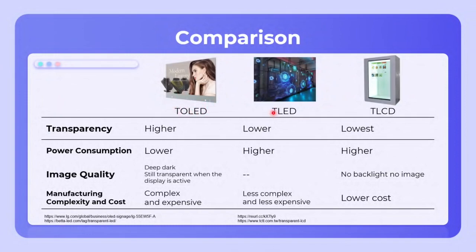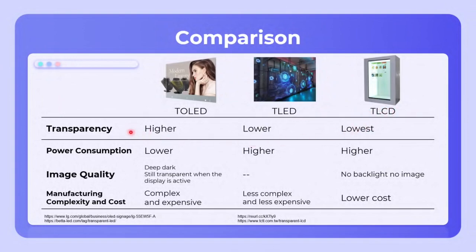The transparent LED just makes the LED pitch larger, so it can let the light pass through the distance between the LEDs, which makes the whole display transparent. And the transparent LCD just removes the LCD's backlight module and uses natural light, which increases the backlight distance, so it can make the LCD become transparent.